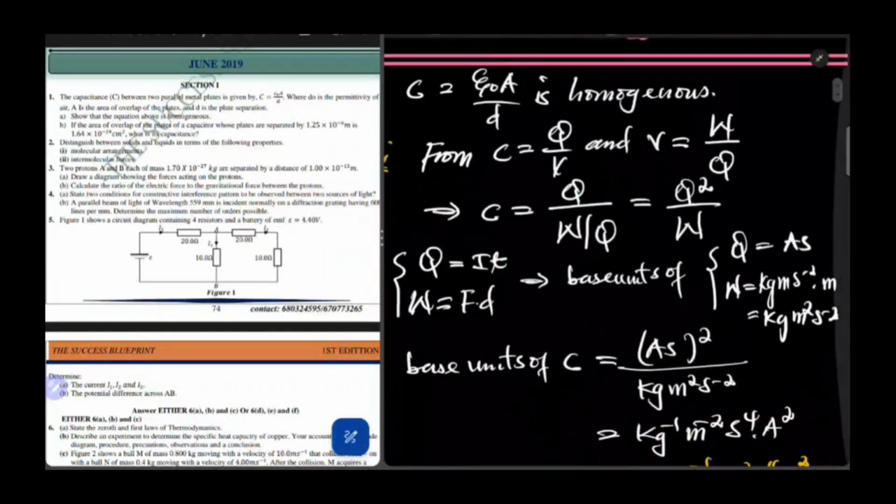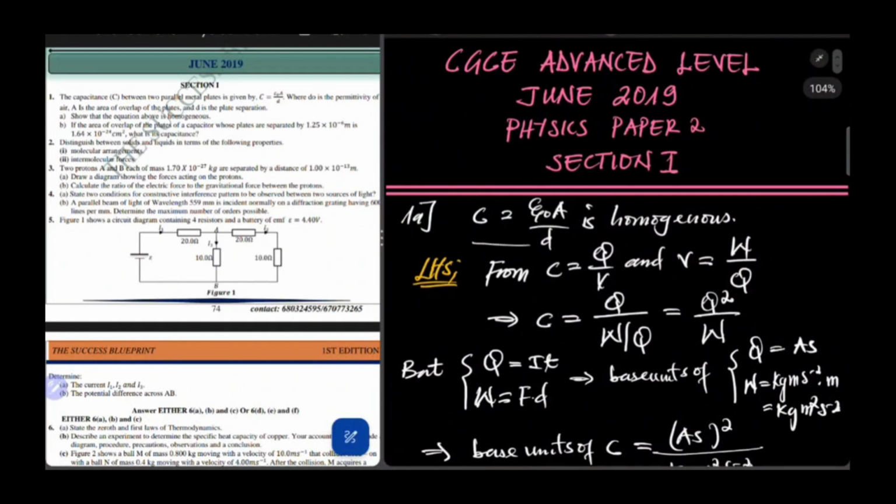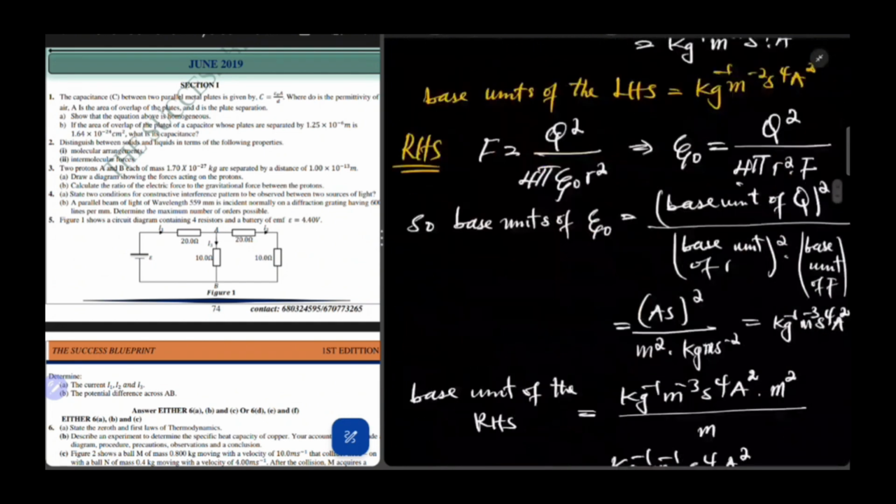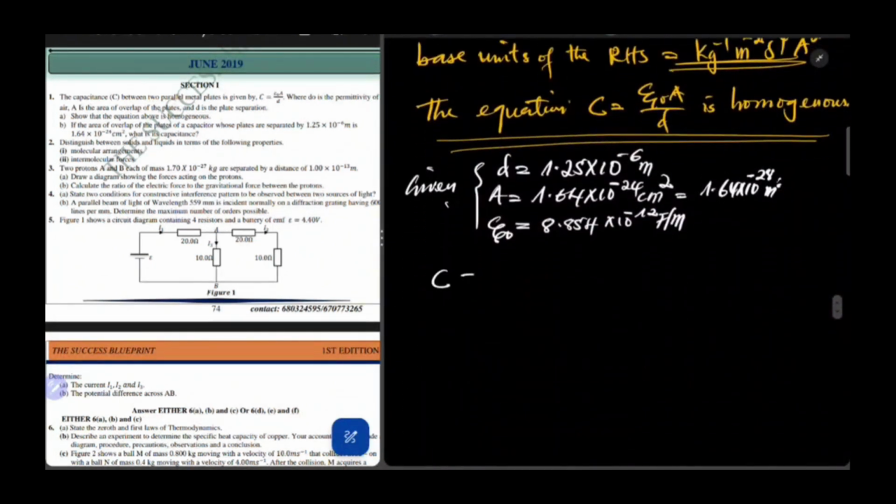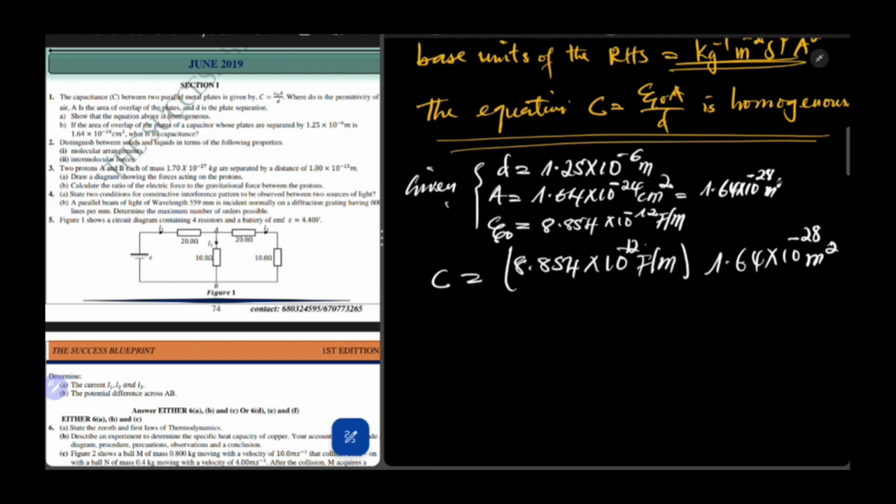So if we key all these values into this equation, C equals epsilon naught A over D, we are going to have C equal to 8.854 times 10 to the power -12 farad per meter, times the area, which is 1.64 times 10 to the power -28 meters squared, divided by the separation, which is 1.25 times 10 to the power -6 meters.